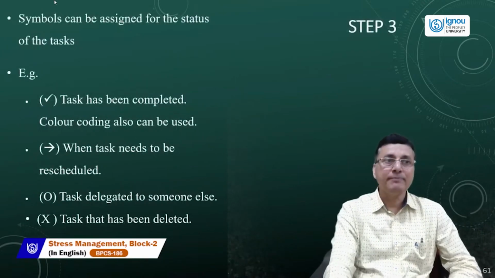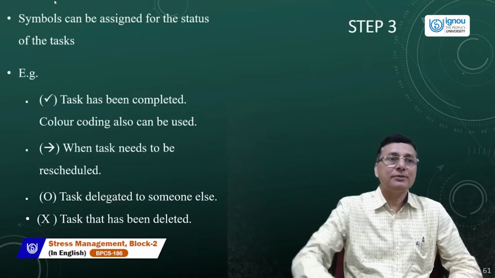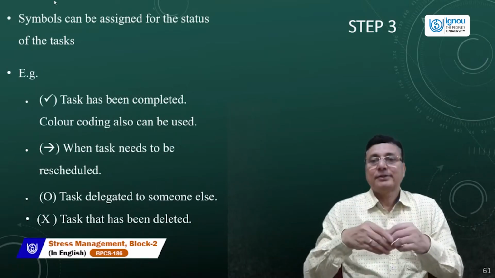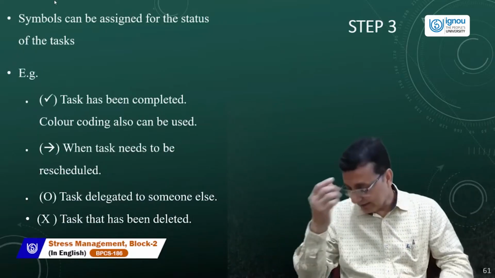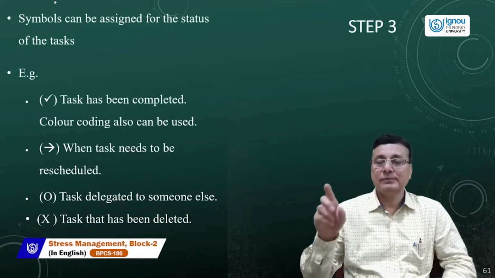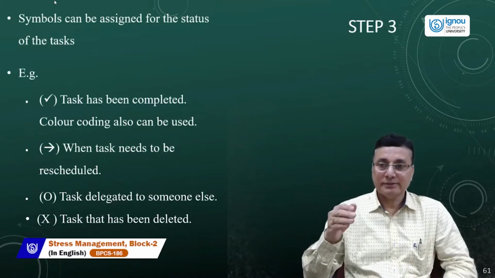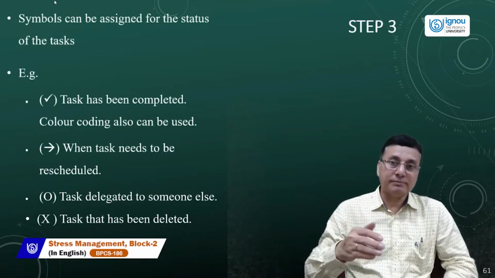In step 3, symbols can be assigned to the status of the task. Like you have made the list, you have given them certain number or symbols for, like those are important, less important, most important.